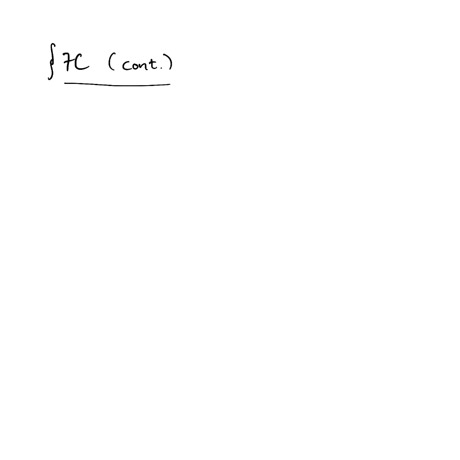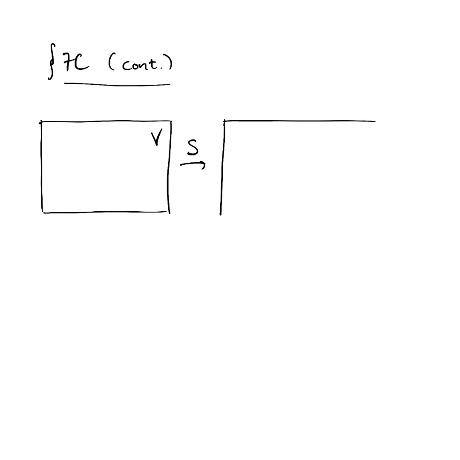Okay, so here's the setup. As usual, we've got a finite dimensional inner product space V. You've got a map S. Inputs from V, outputs from V. So S is an operator on V. It takes inputs little v and then spits out outputs S acting on little v.